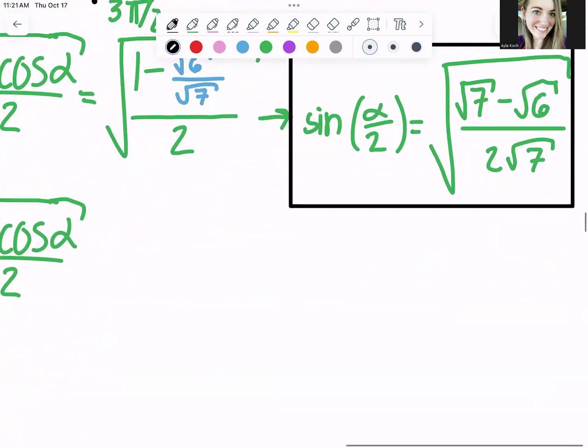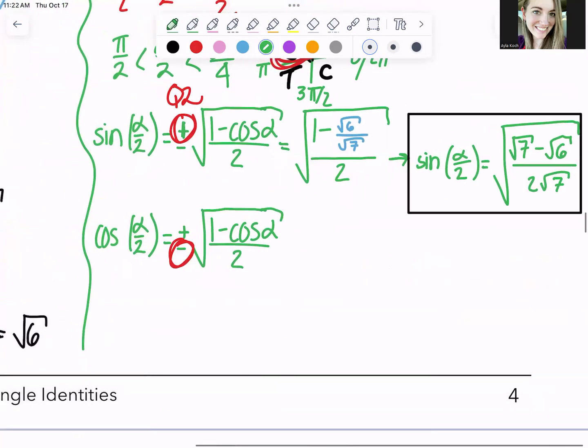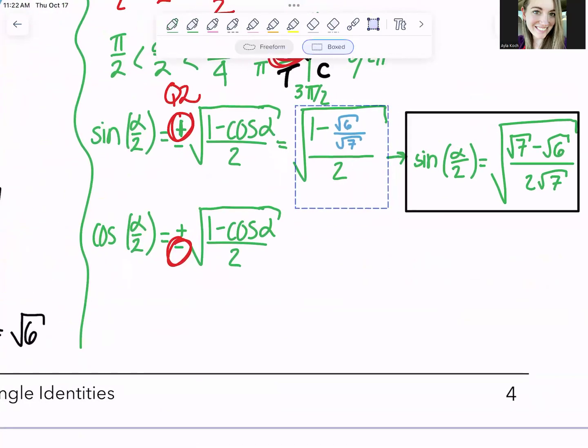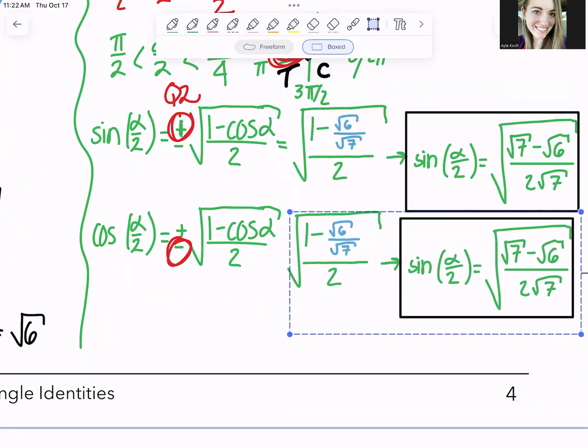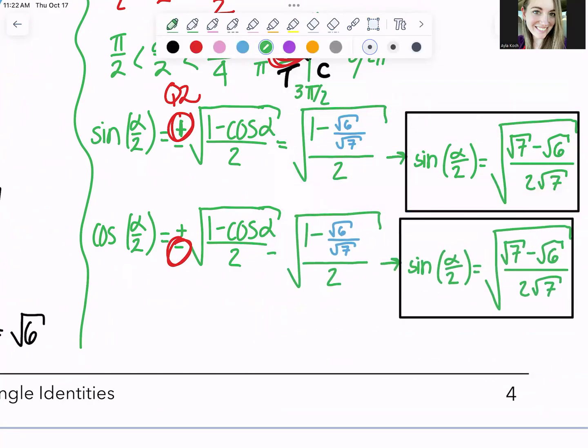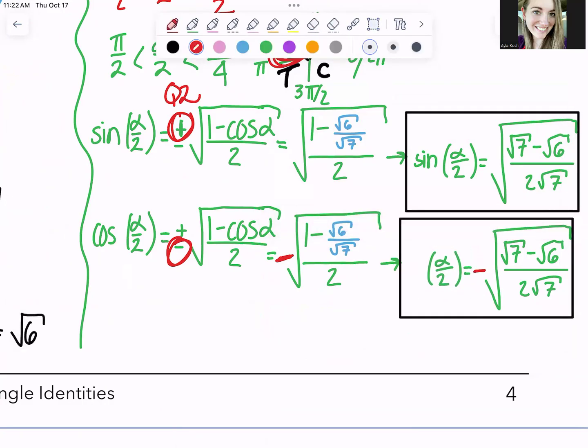All right, this one down here for cosine is going to be identical to this, just slightly different. So there is a negative because he keeps his negative, right? He's negative because alpha over 2 is in quadrant 2.